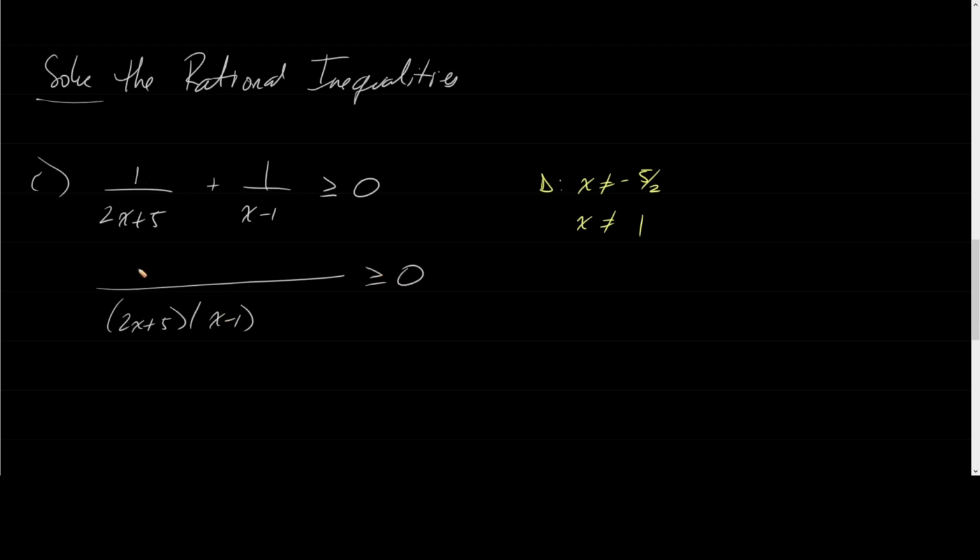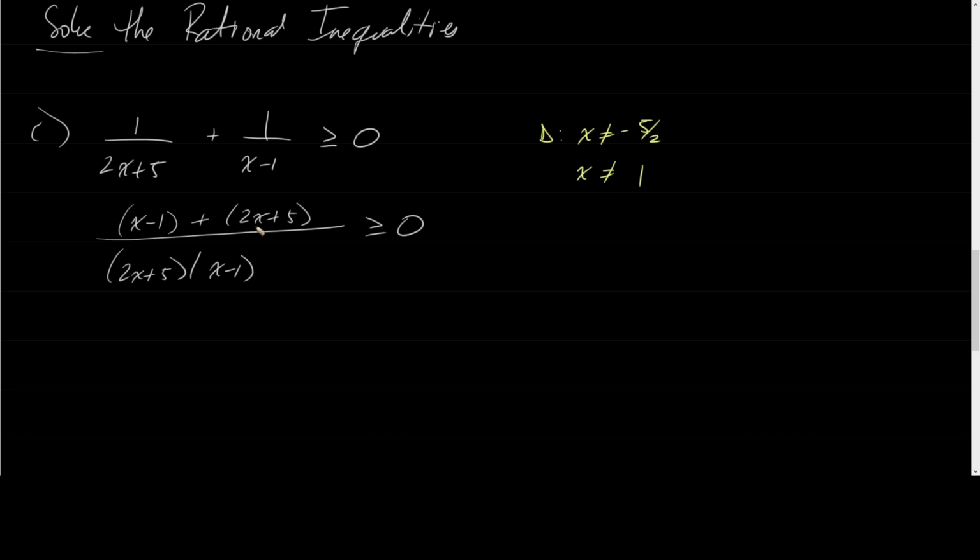And we end up with x minus 1 plus 2x plus 5. And at that point, simplifying the numerator, x plus 2x is 3x, -1 plus 5 is +4, and we still have 2x plus 5 times x minus 1 is greater than or equal to 0.